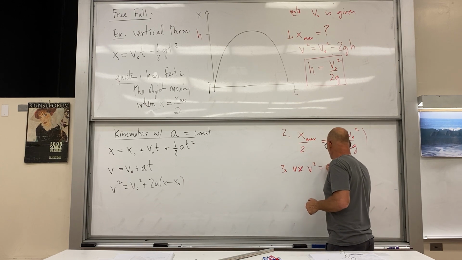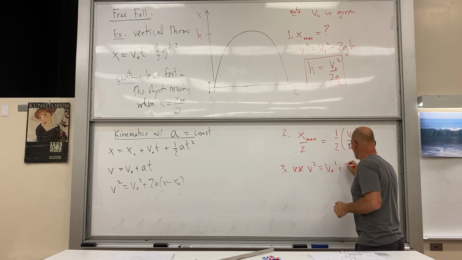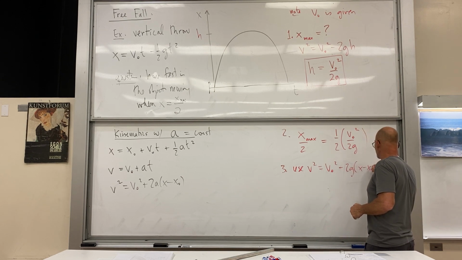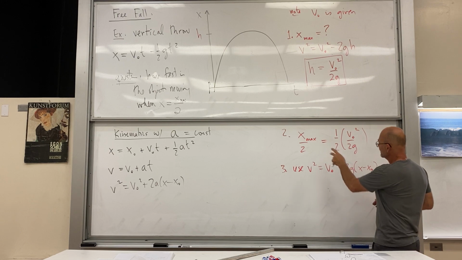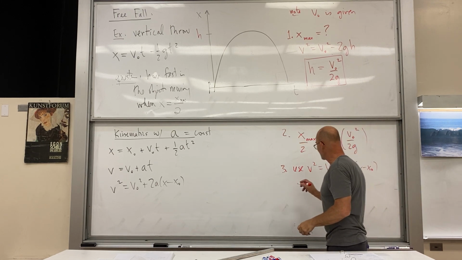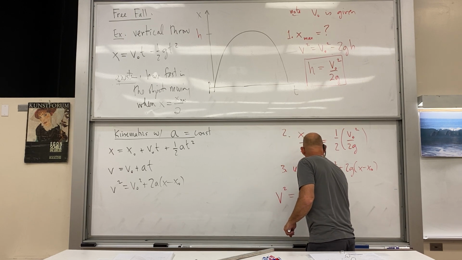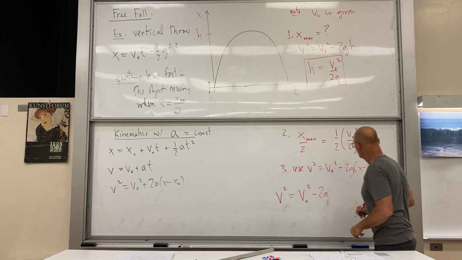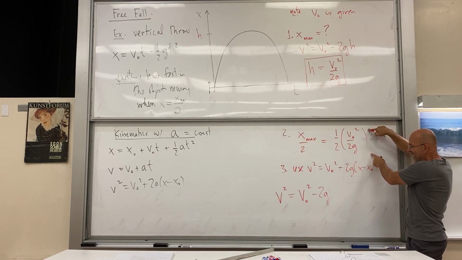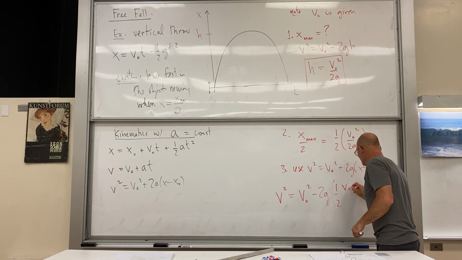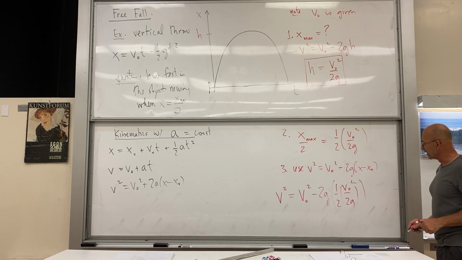Use v squared equals v0 squared plus or minus 2g (x minus x0), because now the height is x max over 2, and we can say v squared is equal to v0 squared minus 2g, and now we have to plug in this height here, and that's 1/2 v0 squared over 2g, make sure we don't lose anything there.